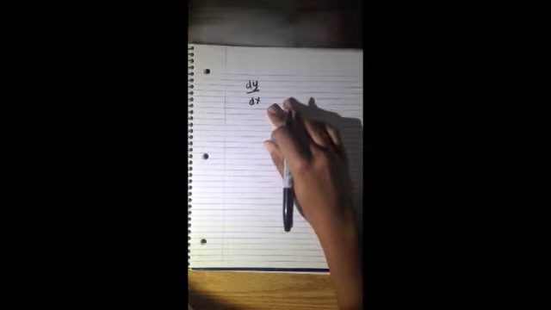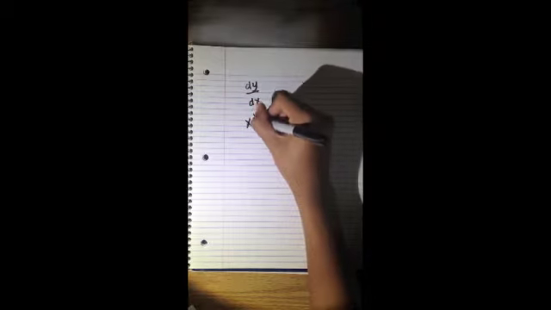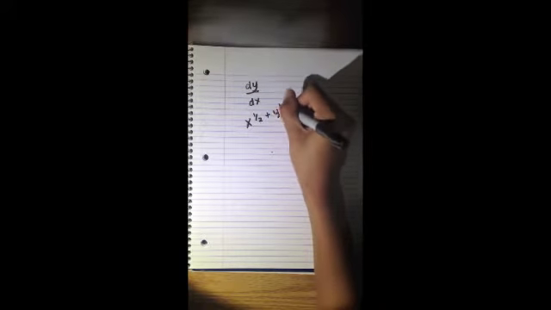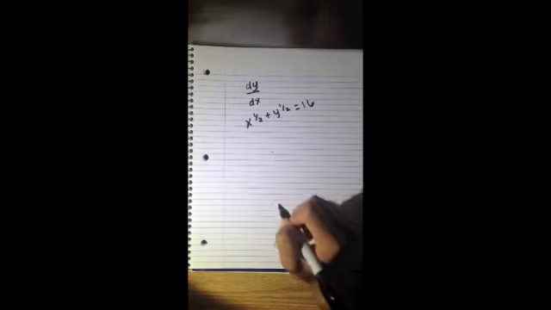Okay, so now that I've gone through the steps on how you implicitly differentiate, I'm going to show you with an example. Let's say the example is to find dy dx by implicit differentiation, and you're given the function x to the 1/2 plus y to the 1/2 equals 16.